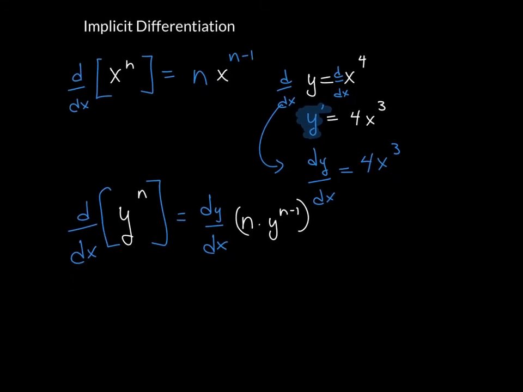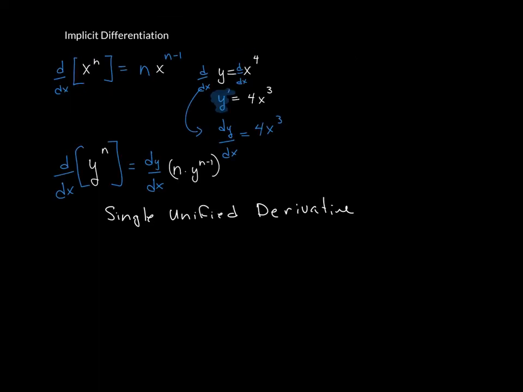And what this allows us to do is have a single unified derivative. So this is really helpful when we have equations like circles. x squared plus y squared is equal to 25.